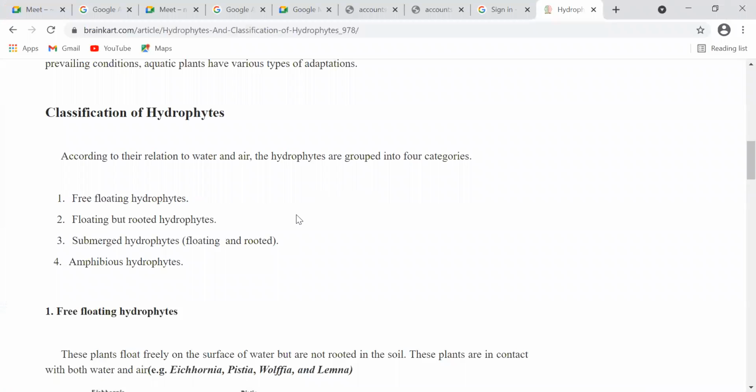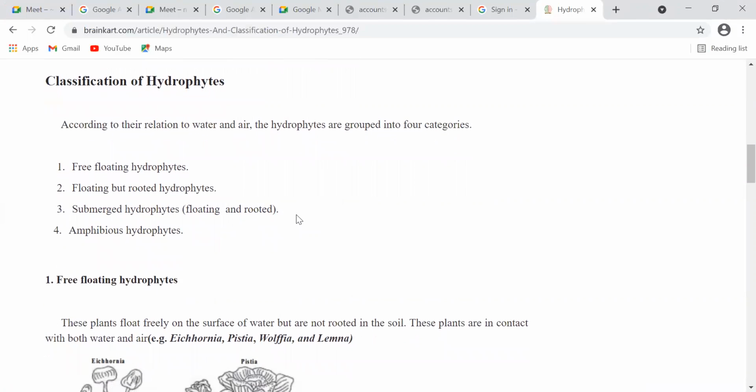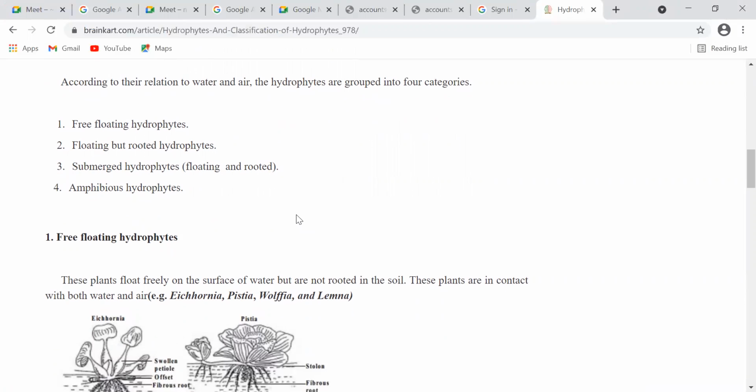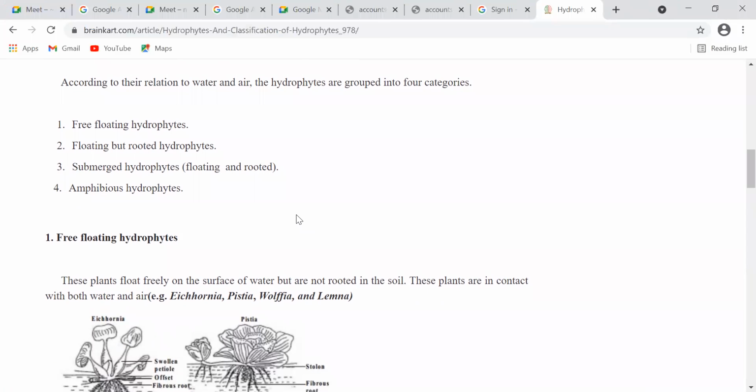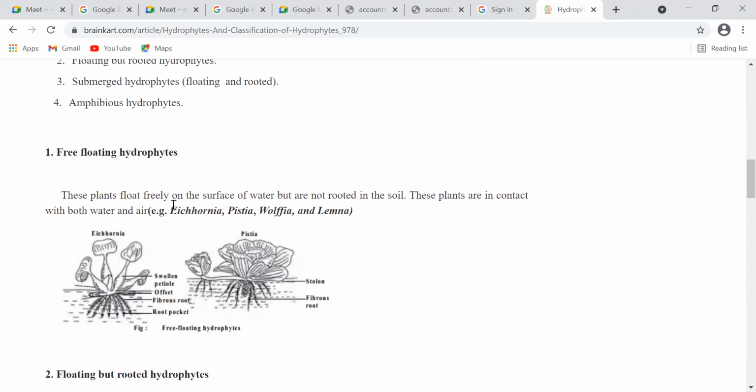All of you can see classification of hydrophytes. Yes, ma'am. Okay, we will see one by one. One is free floating hydrophytes. According to their relation to water and air, the hydrophytes are grouped into 4 categories: free floating, floating but rooted, submerged hydrophytes, in which they have made floating and rooted 2, and amphibious hydrophytes. So free floating is what?